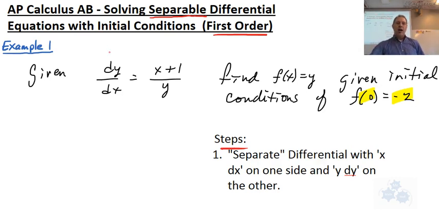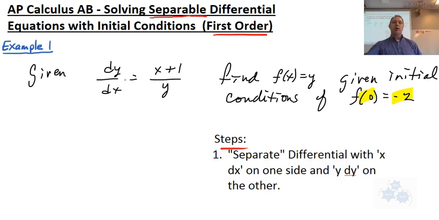Now, we've talked a little bit about the Leibniz notation and this differential. It's not really a fraction, like a number divided by another number, but in some sense we can view this as a ratio. So we can manipulate this equation by separating the dy and the dx.